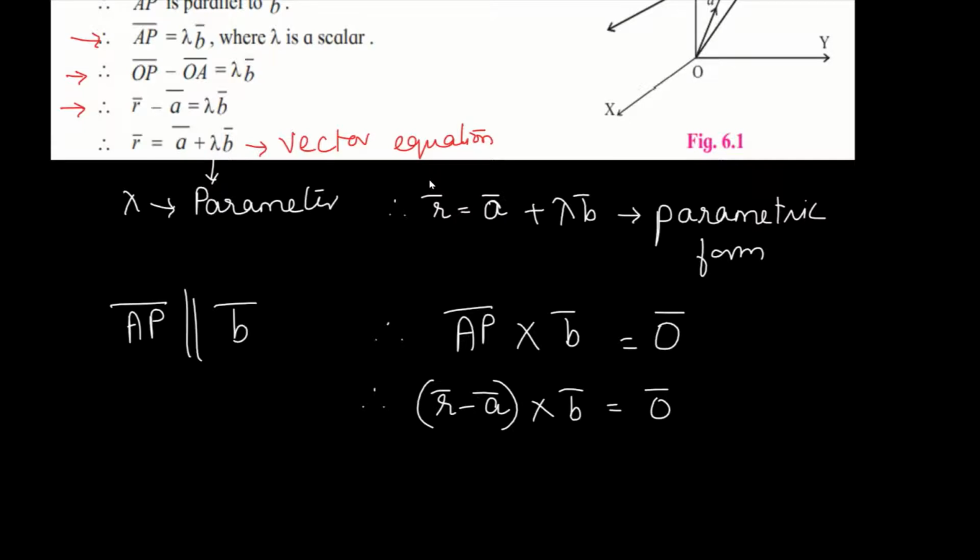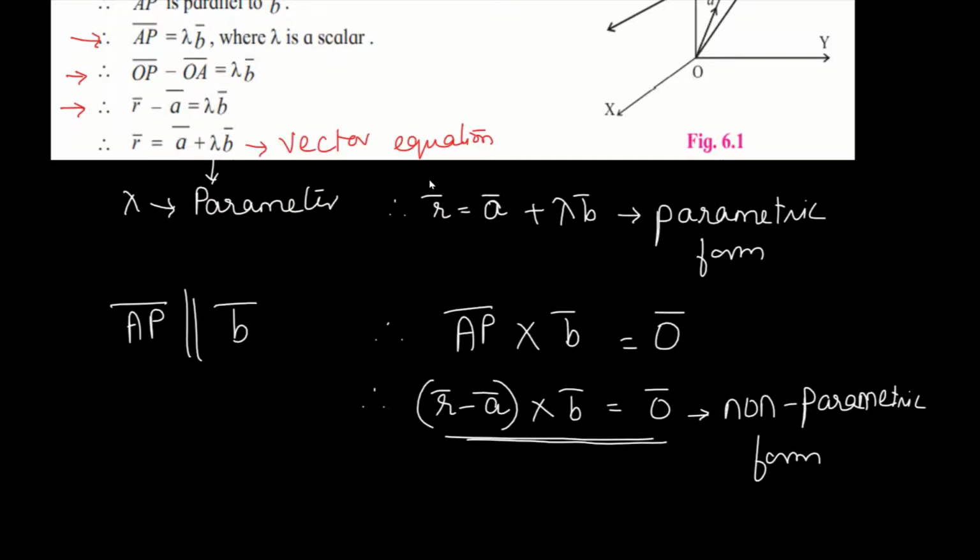So in this equation, there is no parameter used. Lambda is not there. So this can also be called the non-parametric form of the vector equation of the line. Although we'll be using the above parametric form more often, this is just for your knowledge.